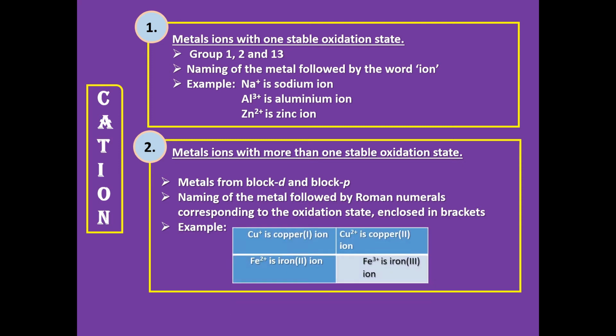For example, Cu+ is copper(I) ion, while Cu2+ is copper(II) ion. Another example, Fe2+ is iron(II) ion. Fe3+ is iron(III) ion.